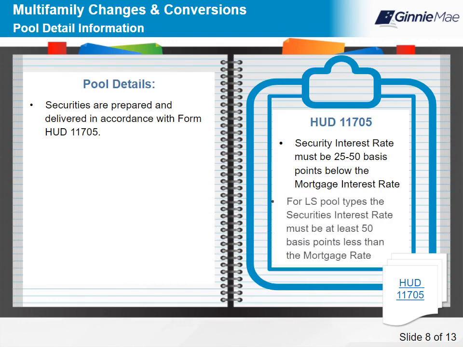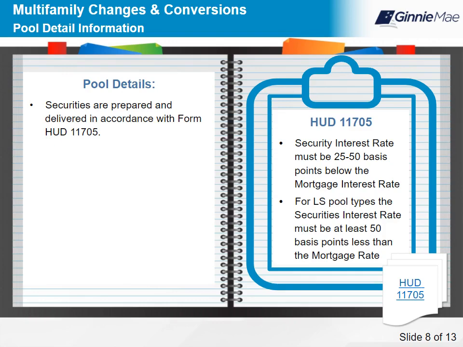For LS pool types, the security's interest rate must be at least 50 basis points less than the mortgage rate. All Ginnie Mae securities are settled using FRB, Federal Reserve Bank, as Ginnie Mae's depository.